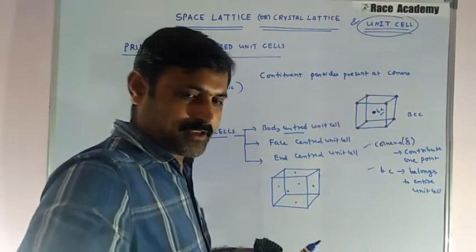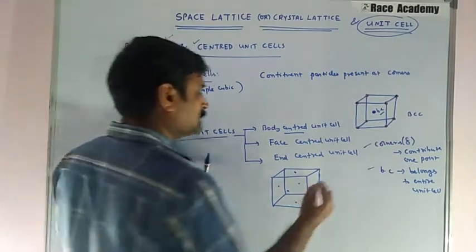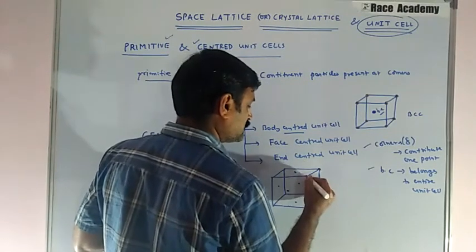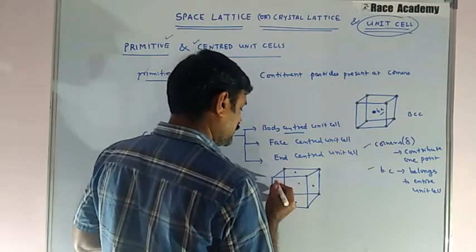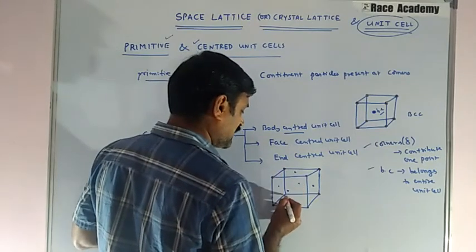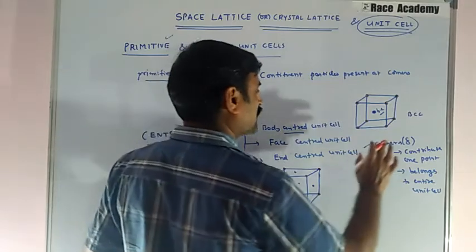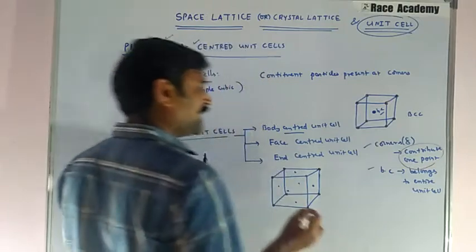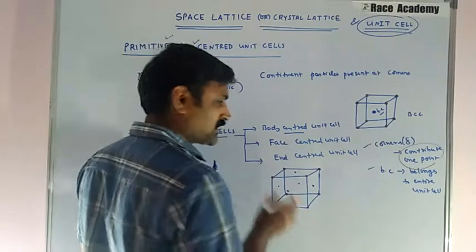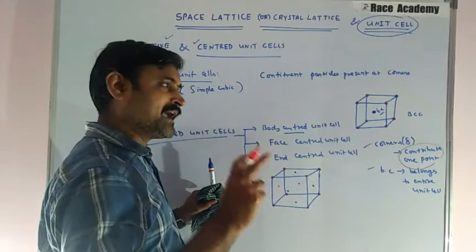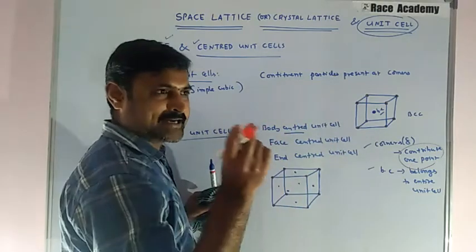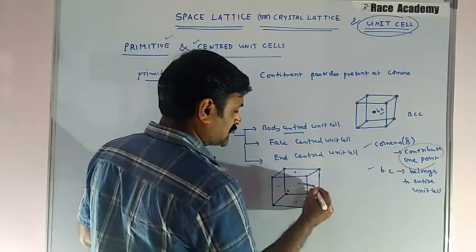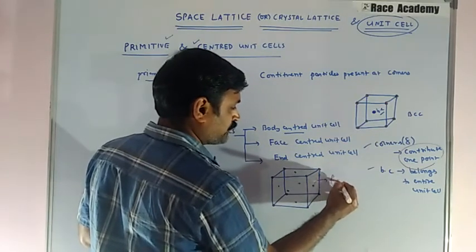We show it for our understanding, but the contribution of the particle at a corner is only 1/8, because only 1 point is made with the help of 8 corners. In the face parts we have a face center. This is called face center.